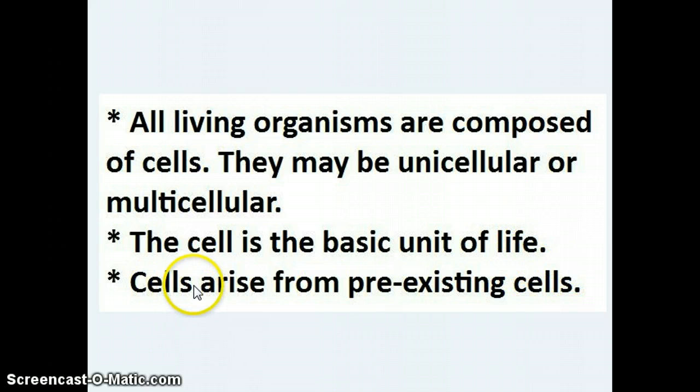And then the third major idea was Virchow's idea that cells arise from pre-existing cells. For the most part, this is the accepted cell theory. There have been some additions lately, and we'll talk about those later on, but right now you do need to know about these three major ideas of the cell theory.